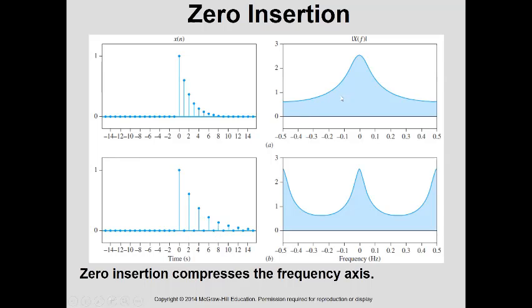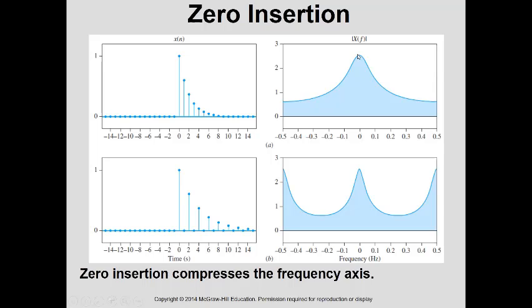Now, what does that do to the frequency spectrum? Well, here's the spectrum of our original signal. And here's what the spectrum looks like when I do this zero insertion. It's like I've changed my sampling rate, but what I've done is taken the whole frequency spectrum and compressed it inwards in the discrete time frequency domain.